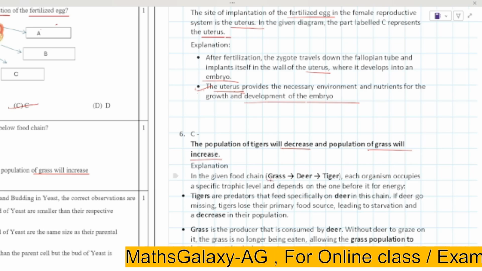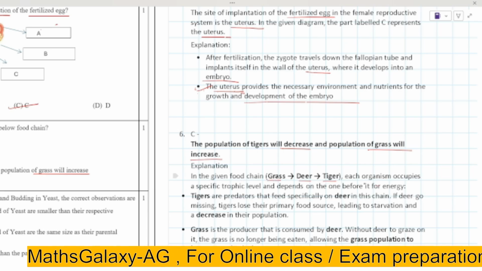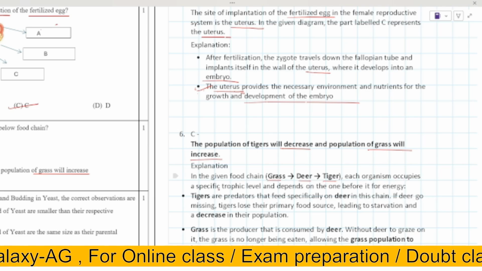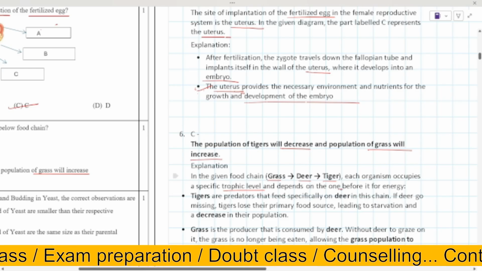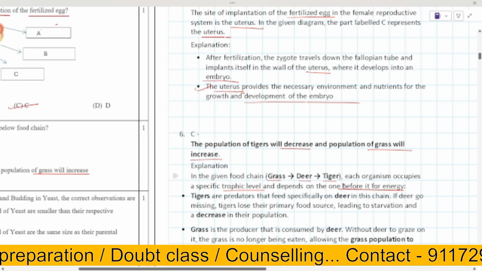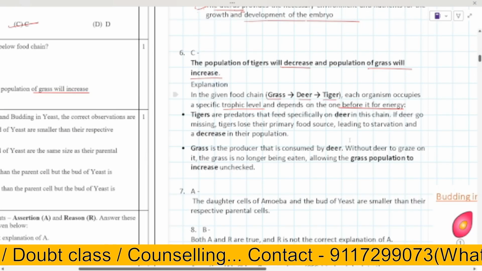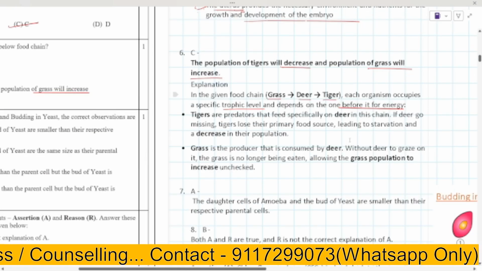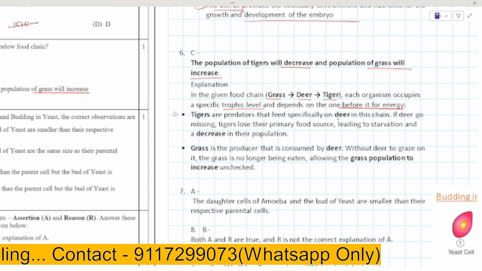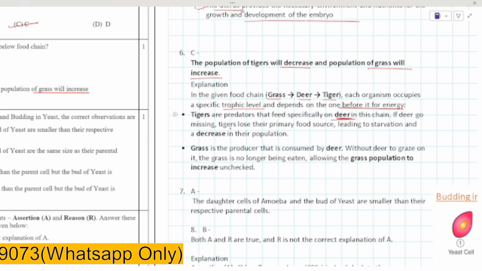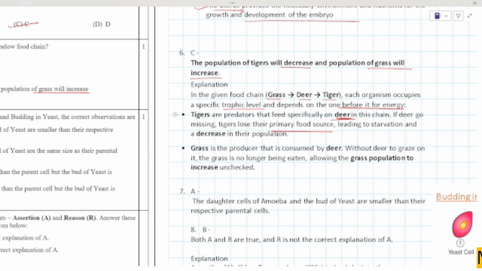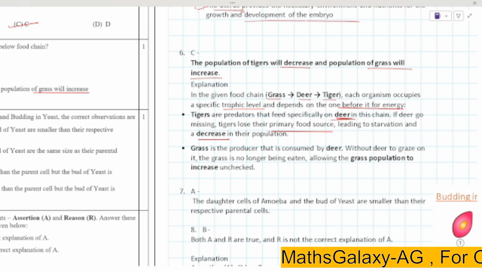So in the given food chain, grass, deer, and tiger, each organism occupies a specific trophic level, right? They depend on the one before it for energy, as we already know. Now the tigers are predators that feed especially on deer, right? In the chain, if deer go missing, tigers lose their primary food source, leading to starvation and a decrease in their population.